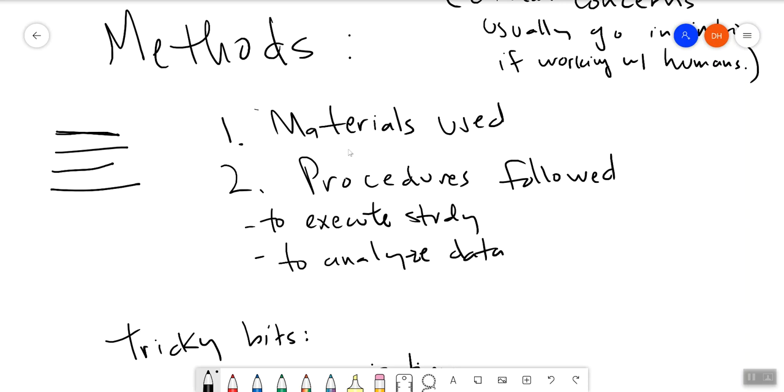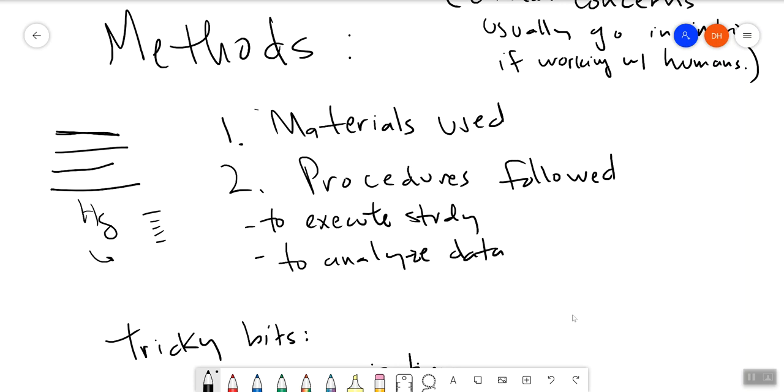I mean, like if they're doing an analysis of gold or something, they would talk about using gold, and then they crunched all the numbers in a computer, blah, blah, blah, to result in this. Okay, so you just talk about all your materials and equipment here. There are some tricky bits to the methods.